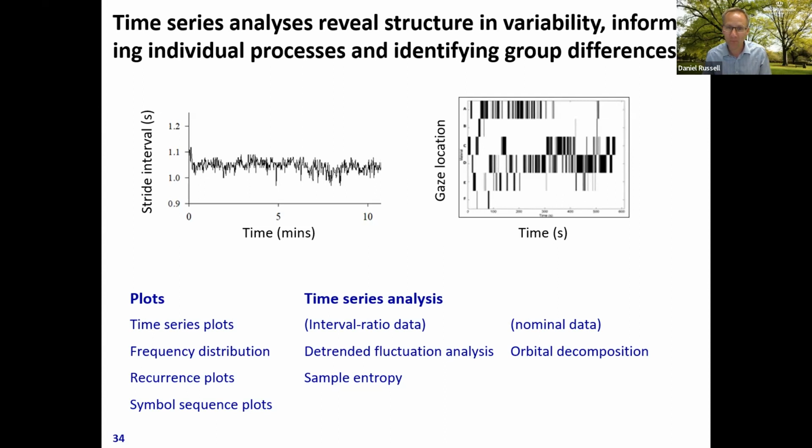I'm also hoping that you see that there are benefits of looking at individuals here, that it can reveal individual dynamic processes that are occurring and how those are different across people, but also how you can tease apart different groups using these kinds of techniques compared to the standard statistical difference approach.